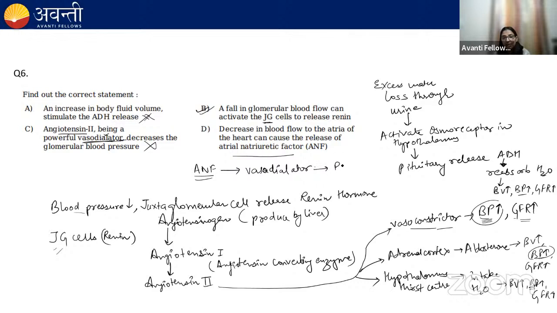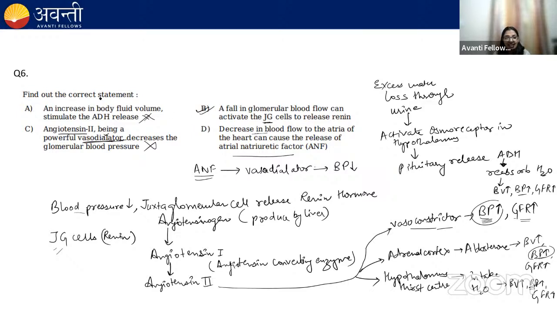So it will lower the blood pressure. So in option D, it is written decrease in blood flow. That decrease in the blood flow to the atria of the heart can cause the release of the atrial natriuretic factor.